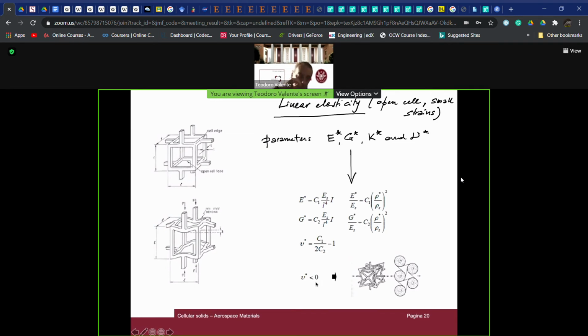And this means, I can remind you, that if the Poisson coefficient is lower than 0, when we apply a compression, we have an expansion. And when we apply, generally speaking, a tensile load, we have a contraction, which is not the common way in which conventional materials, the engineering bulk materials that we know, behave.